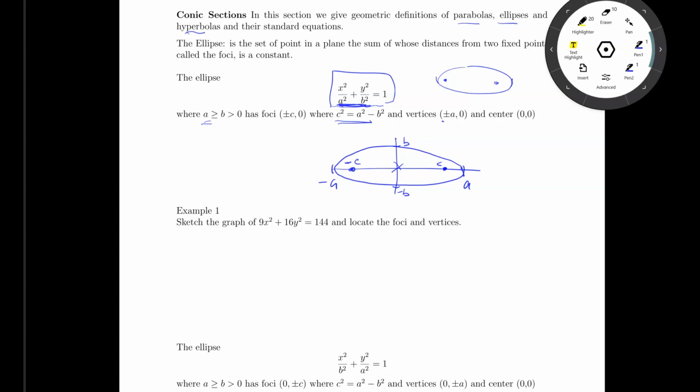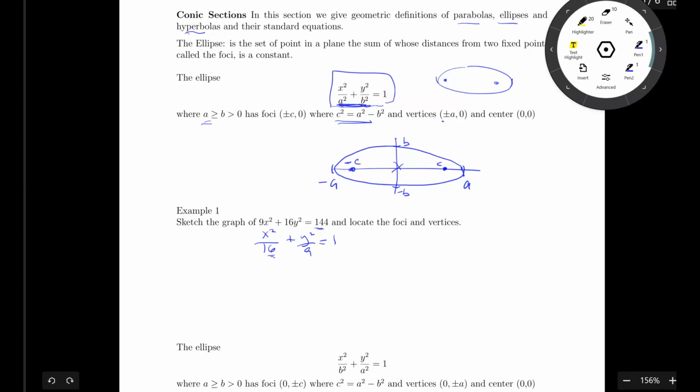So here we have this equation, 9x squared plus 16y squared equals 144. So first thing, you want to get it equal to 1. If I divide through by 144, I get x squared over 16 plus y squared over 9 equals 1.